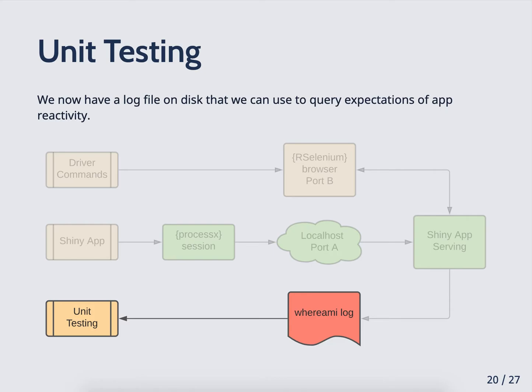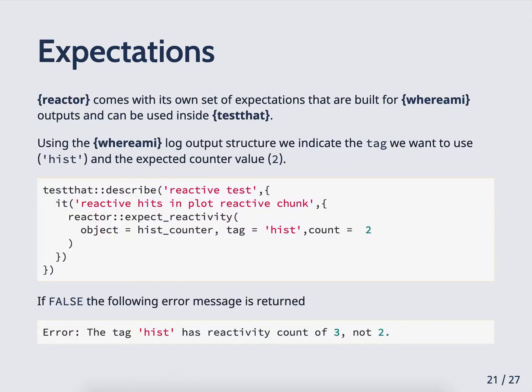So now we have a log file on disk that we can use to query expectations of the app reactivity. The whereami log is going to be piped into unit testing. Reactor comes with its own set of expectations that are built for whereami outputs and can be used inside of a testthat environment. Using the whereami log output structure, we indicate the tag that we want to use, hist, and the expected counter value too.